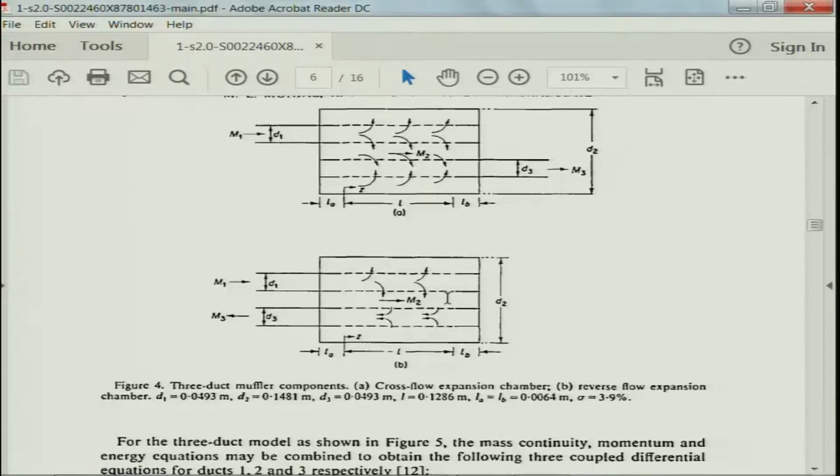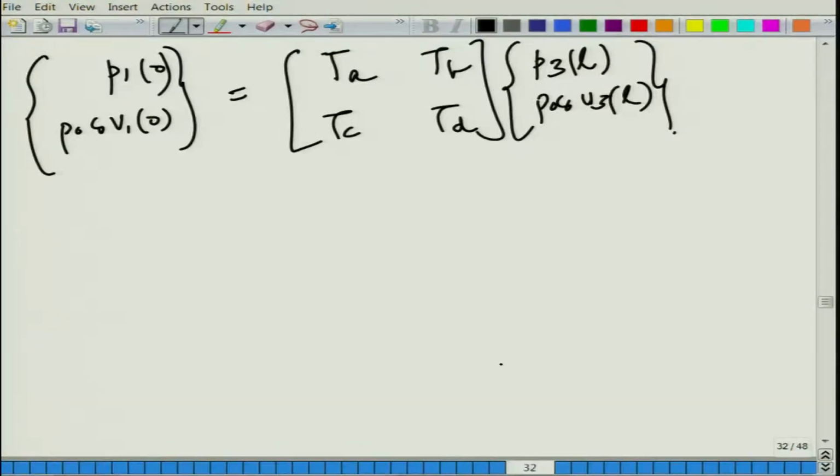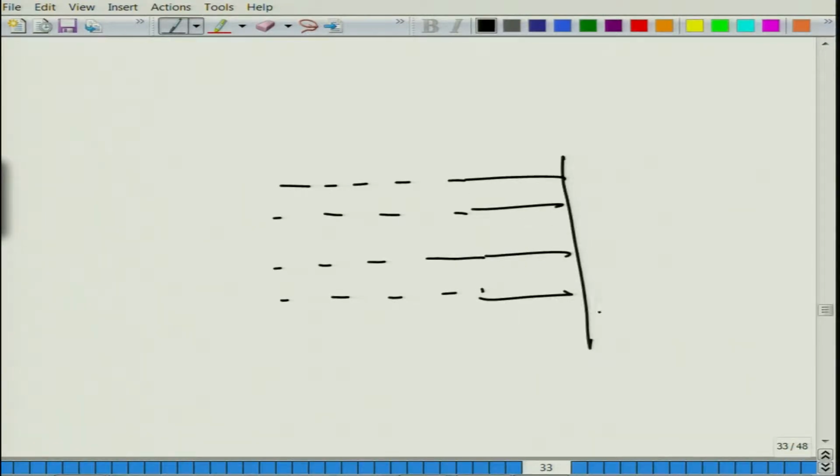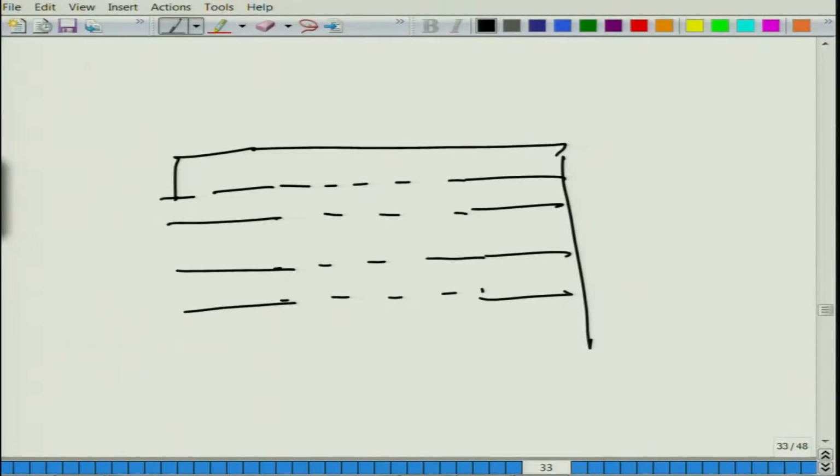Let me very quickly draw this configuration here, and for simplicity we could still take a partially perforated duct, something like this, okay, and here we have another partially perforated duct, and it is a solid thing in here, and it goes here like this, okay.